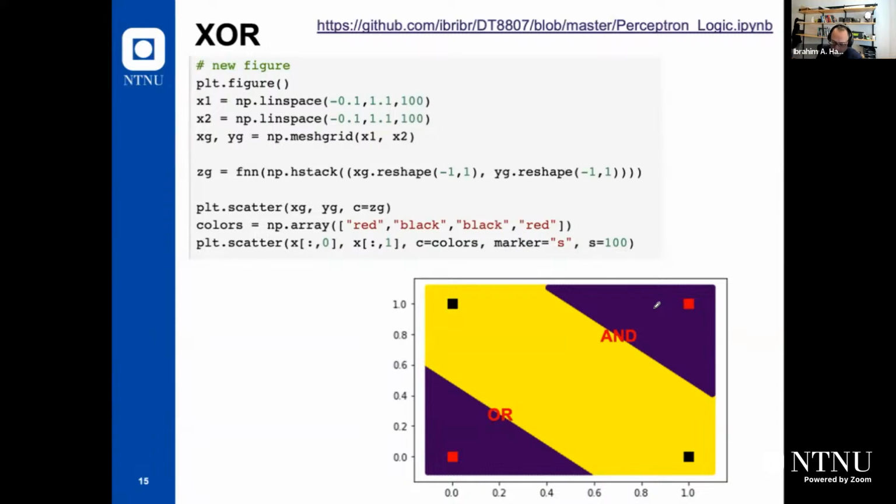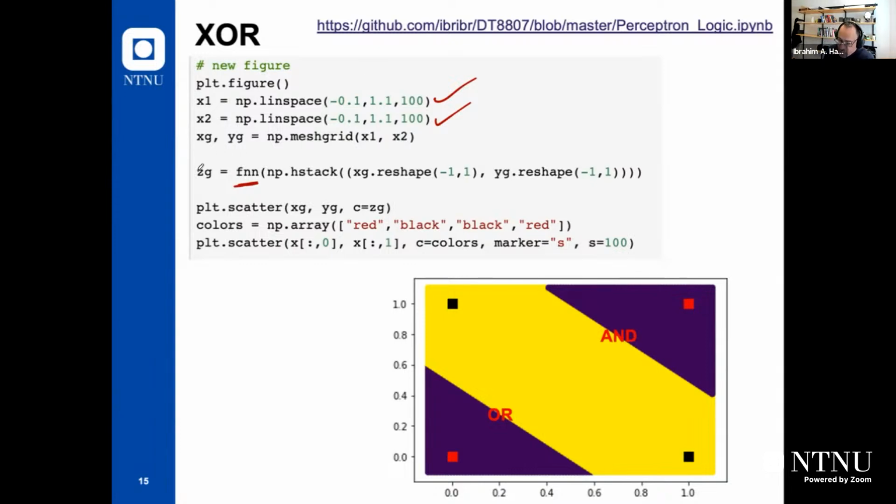Yes. So if you want to plot your decision boundary, as I told you, you need to define values for x1 using linspace, values for x2, and use meshgrid to generate xg and yg. After that, you feed your feed-forward neural network with all those xg and yg values, and you get each point classified.